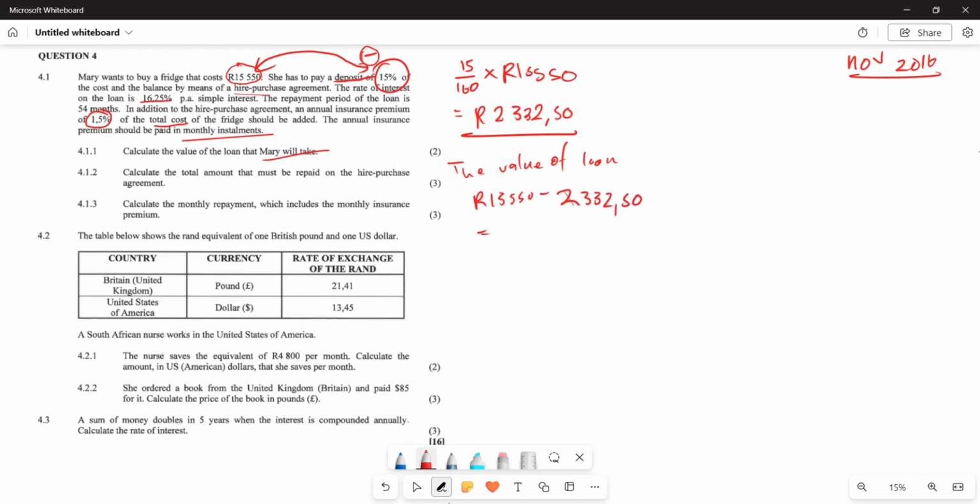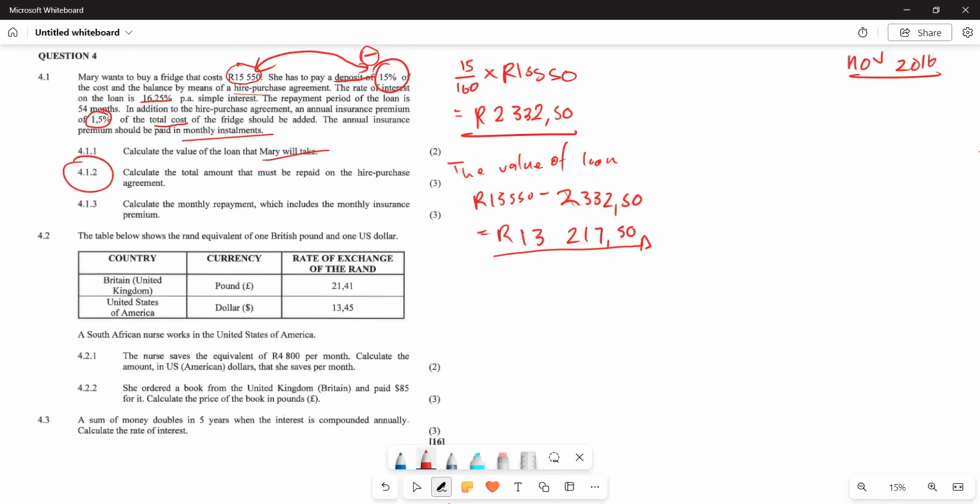Which means the value of the loan itself is 13,217.50. This is the value of the loan agreement that Mary must be in a position to pay, excluding the interest.